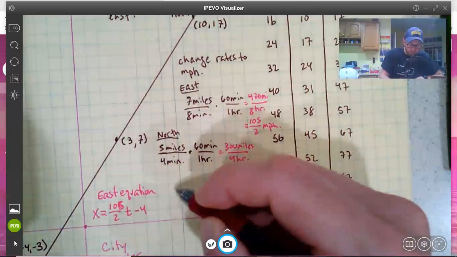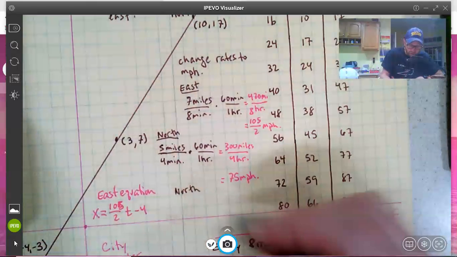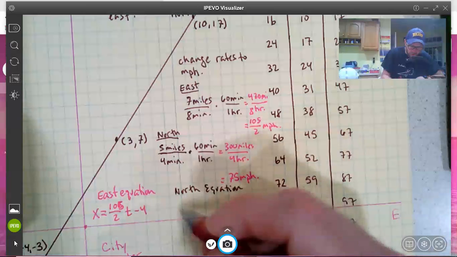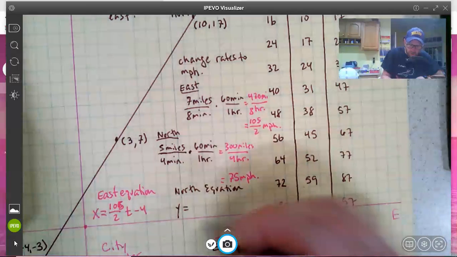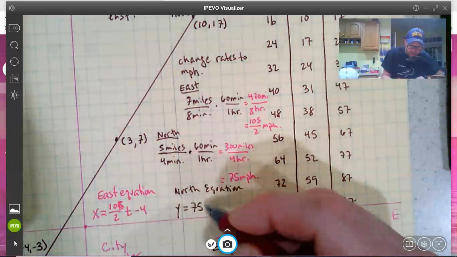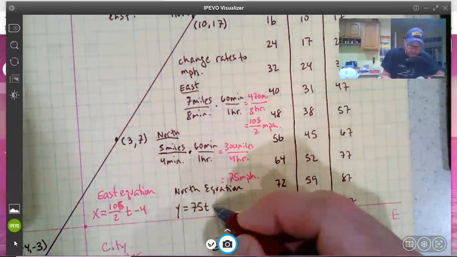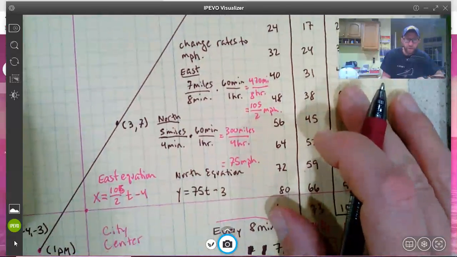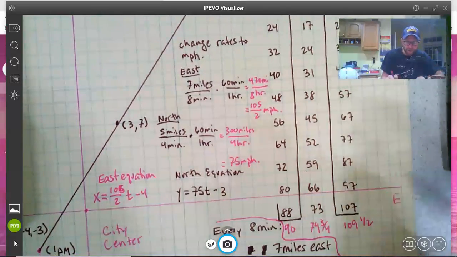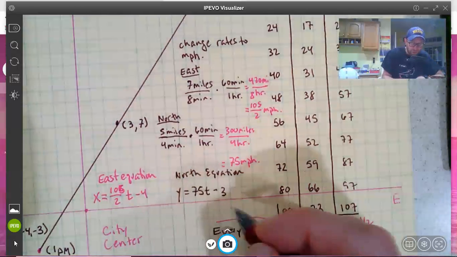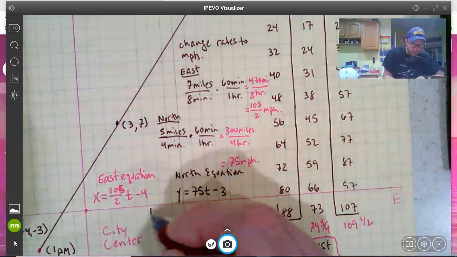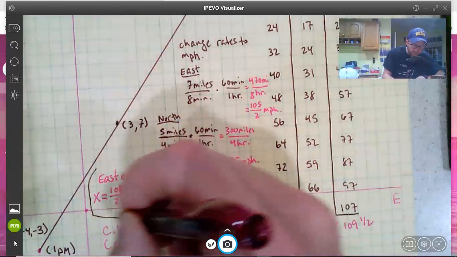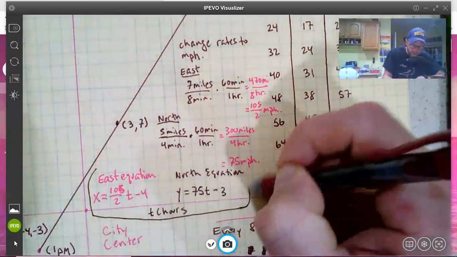And our north equation will be y equals 75t, and then we still have our minus 3 to adjust for that, because we're starting back a little bit. And finally, t is in hours.